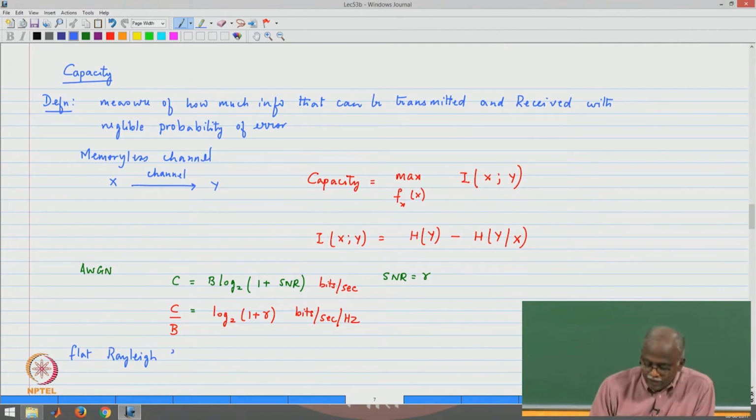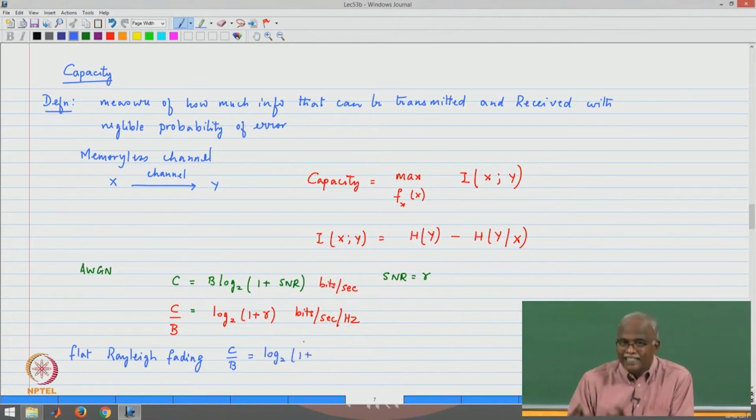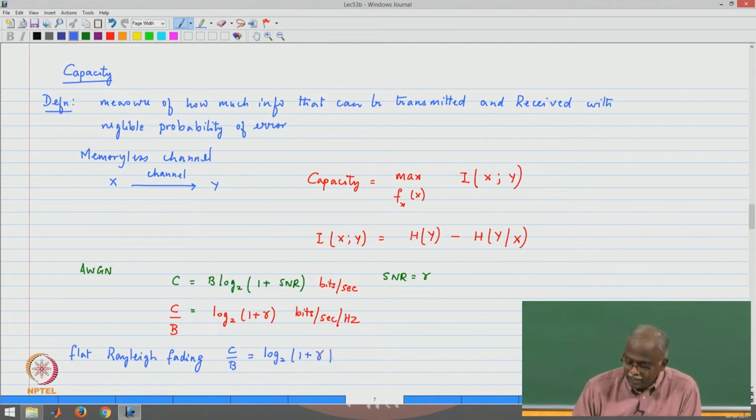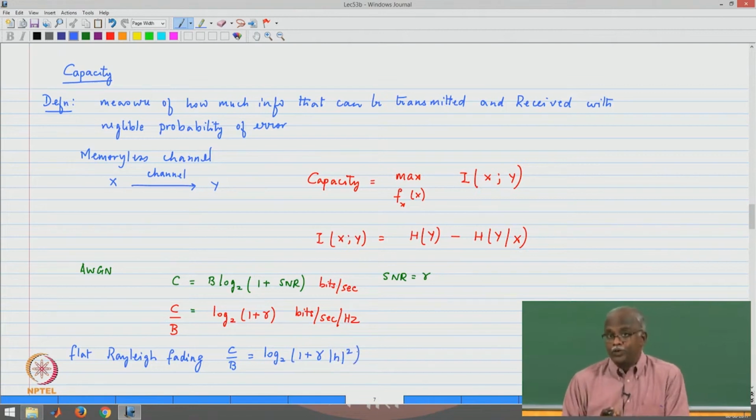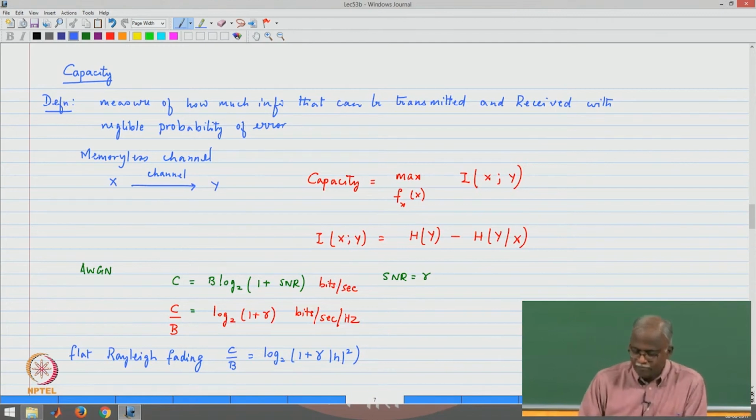So, if the instantaneous value of the channel is given by h, then the capacity C by B is given by logarithm base 2 of 1 plus the instantaneous SNR, and the instantaneous SNR is the average SNR multiplied by the Rayleigh coefficient magnitude squared. That affects the SNR, and therefore this is what we have.